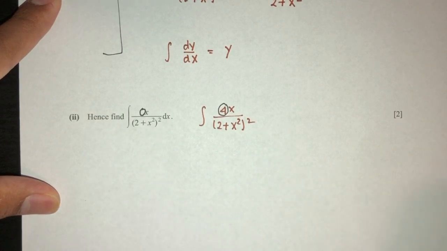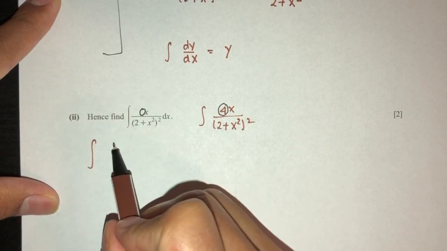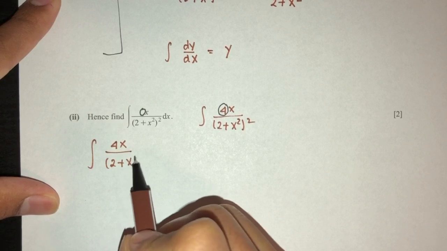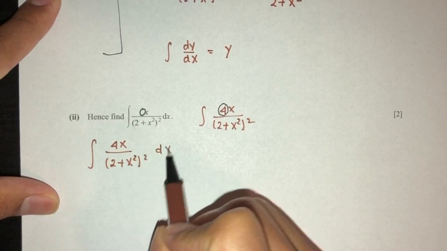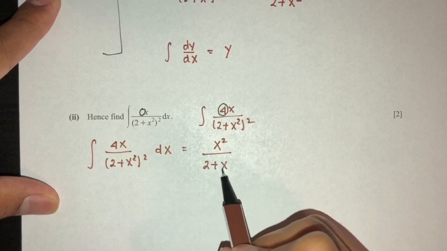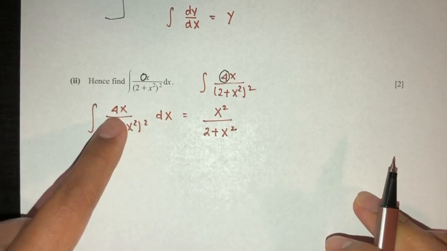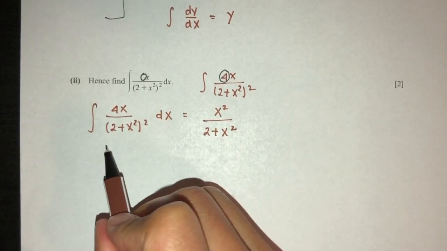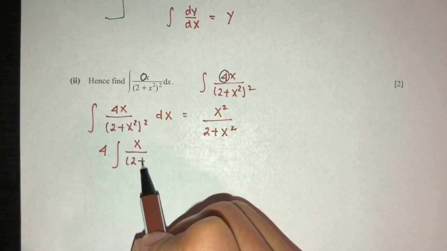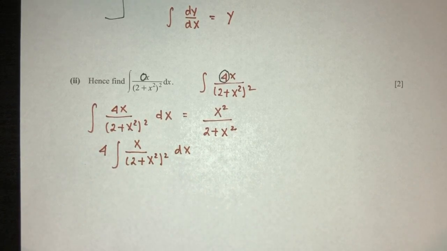Let's do this step by step. We know that if we integrate this, 4x over (2 plus x squared) squared dx, that should give you x squared over 2 plus x squared. Now we only have 1 here. How can we make this one? We can just take out the value of 4. That will be this, which is exactly what we are trying to find, right?